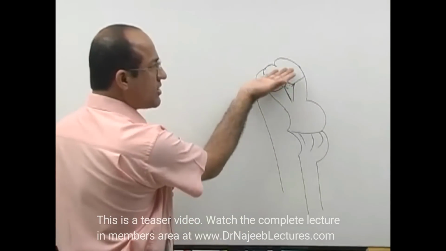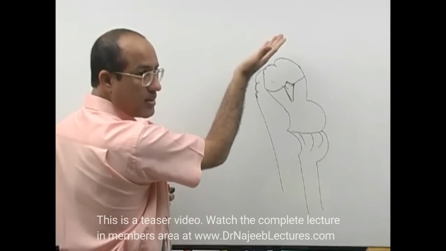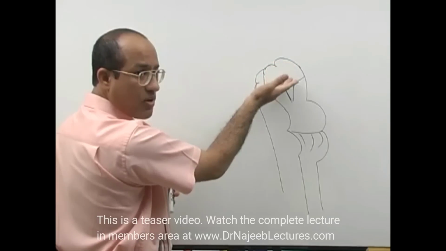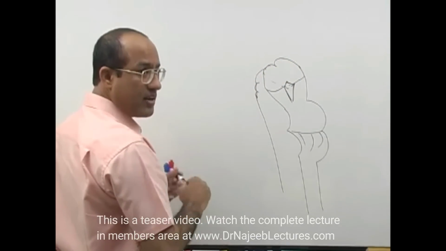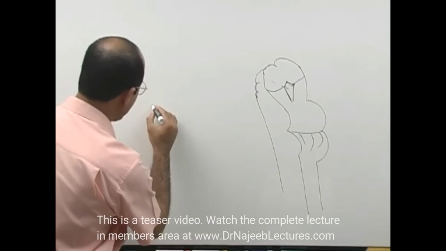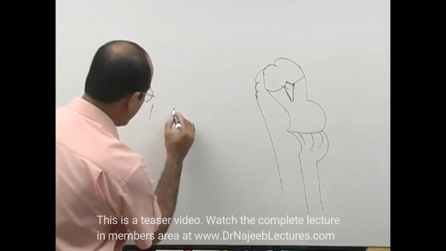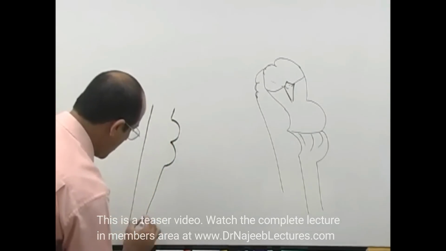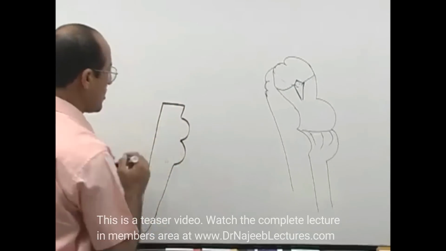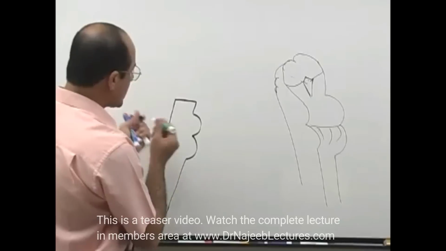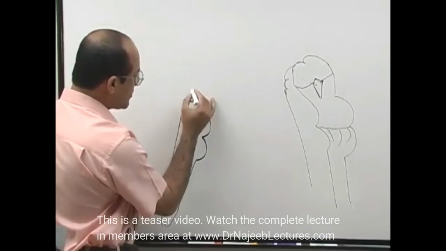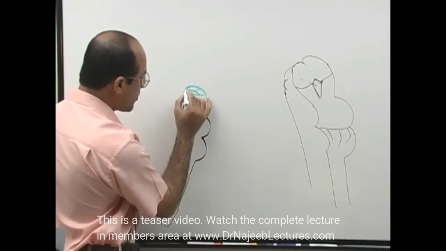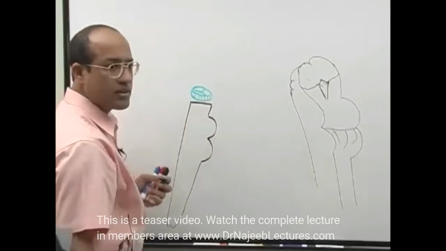Now, what are the structures in relationship with the midbrain? Actually, the diencephalon is just superior to the midbrain. Here is midbrain, pons, medulla. The first structure related with the diencephalon, just superior to the midbrain, is the thalamus.